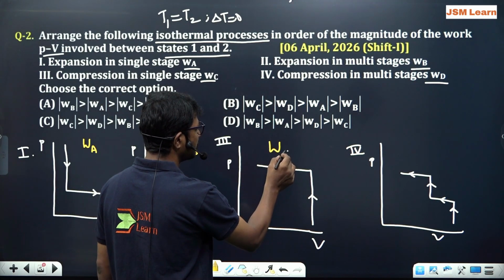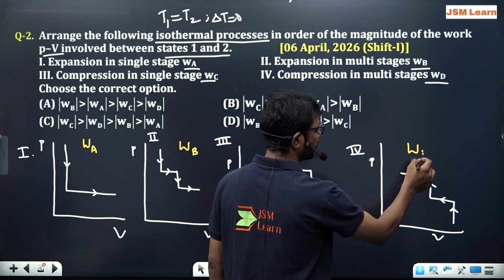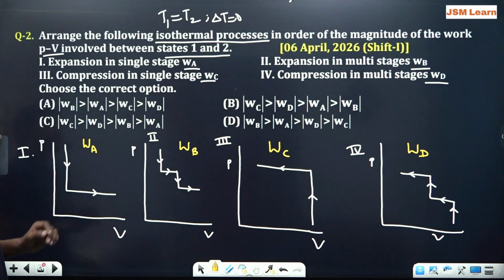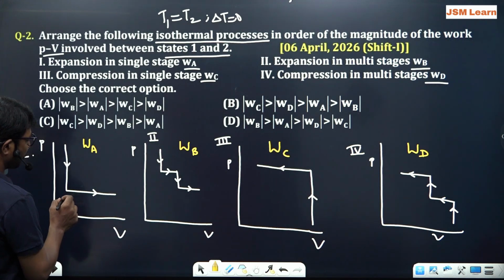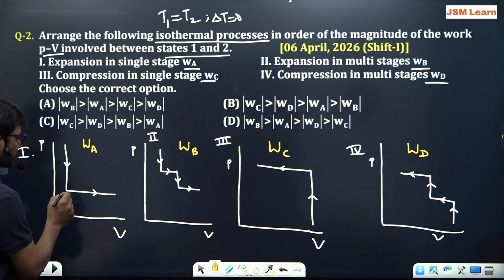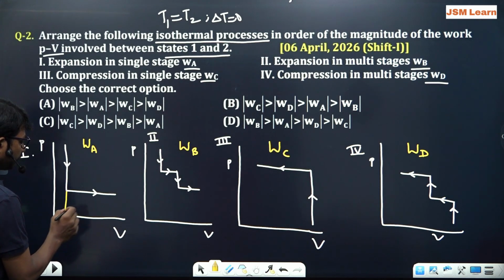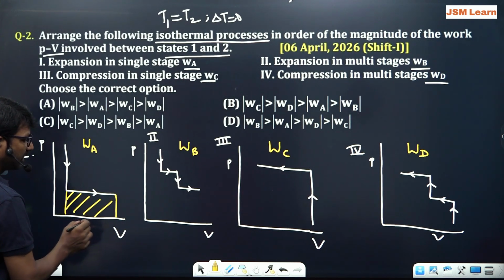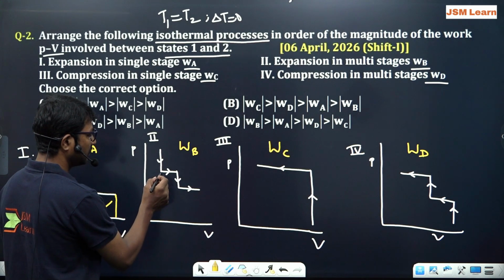The third one is WC, and this one they have considered here as WD. Now if you observe these graphs, the area covered under the graph will give us the work done in this process. So the work done in the first one, this much area is covered, WA.